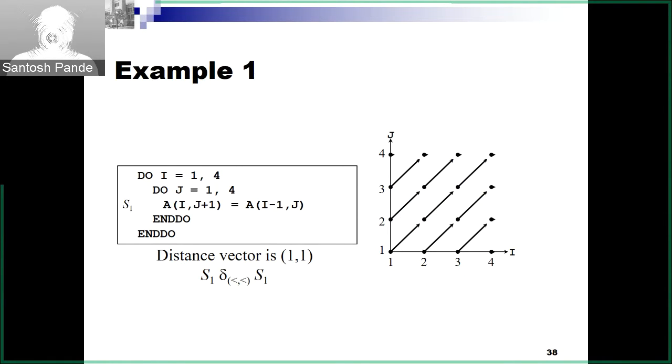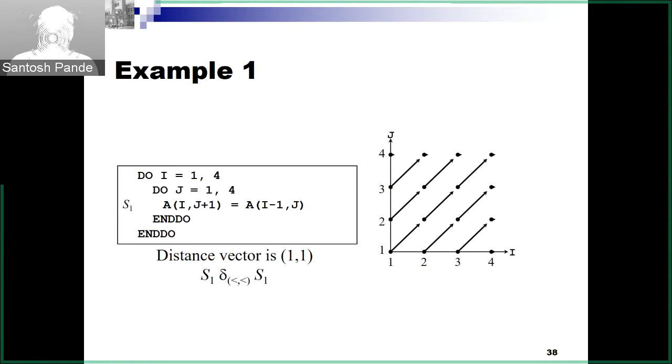In other words, you can see that at a given point, what we are doing is we are writing into, let's say, A44, where I is equal to 4 and J is equal to 3. And then in the next iteration, we are actually reading this particular value.